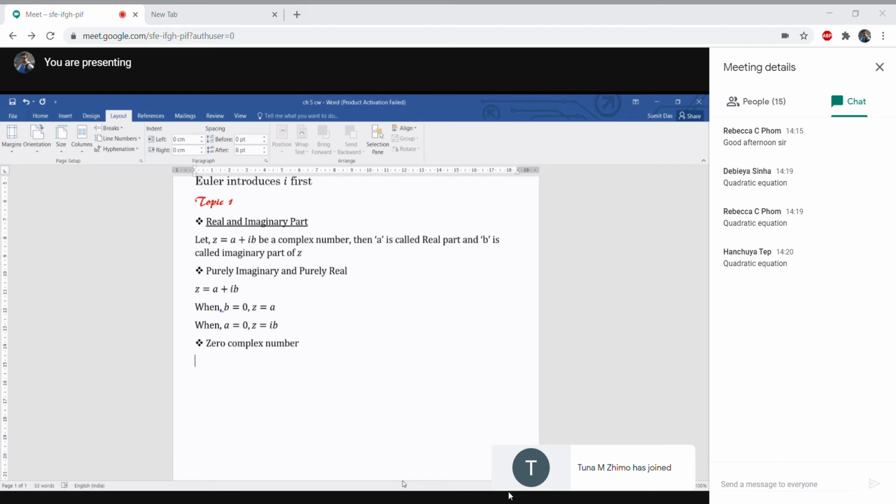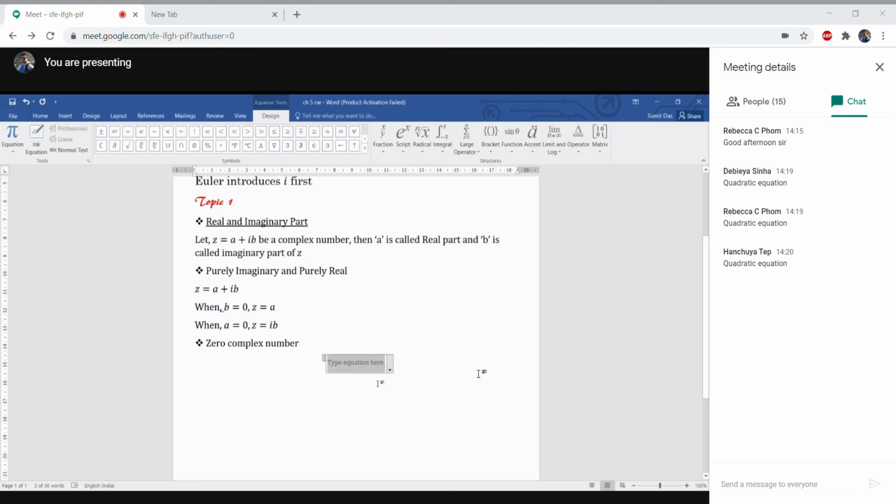Can anyone please tell? Is zero a complex number? Let me know fast, within 1 minute. If yes, why? If no, why?